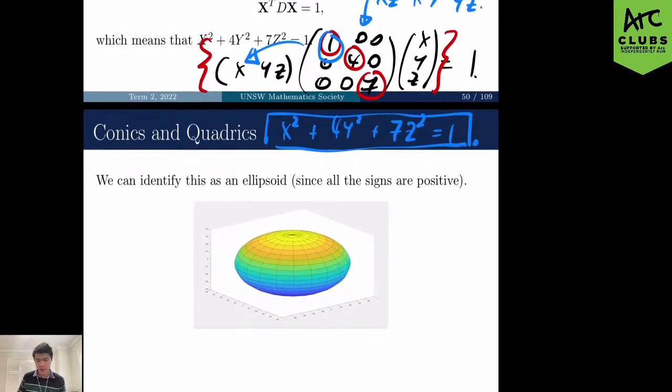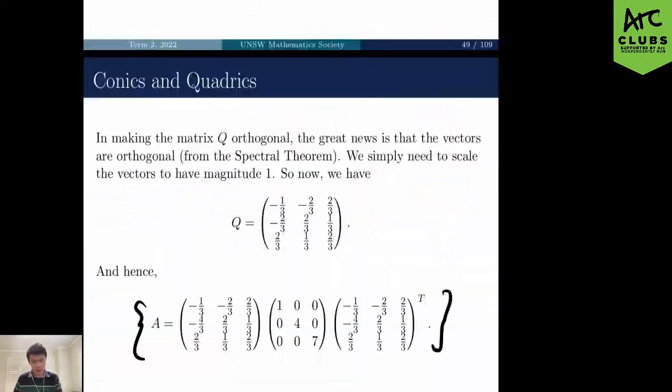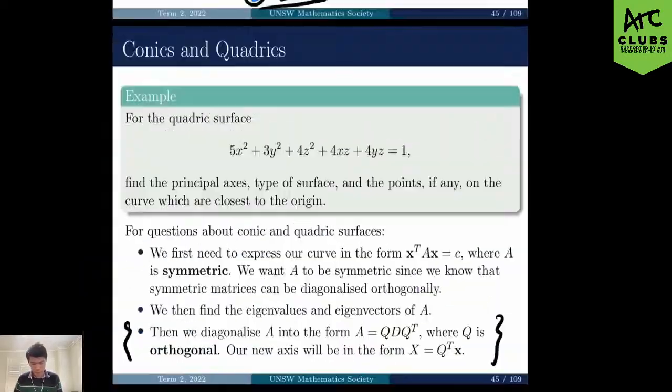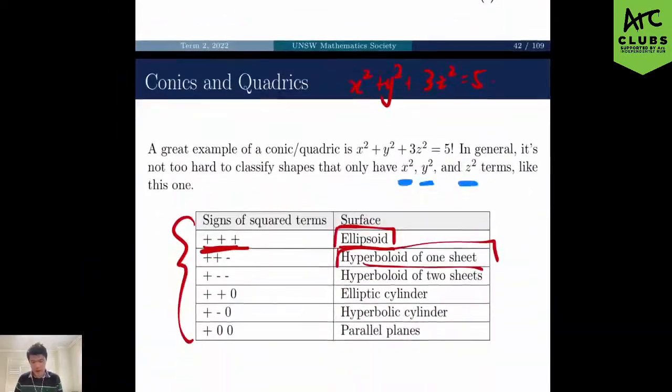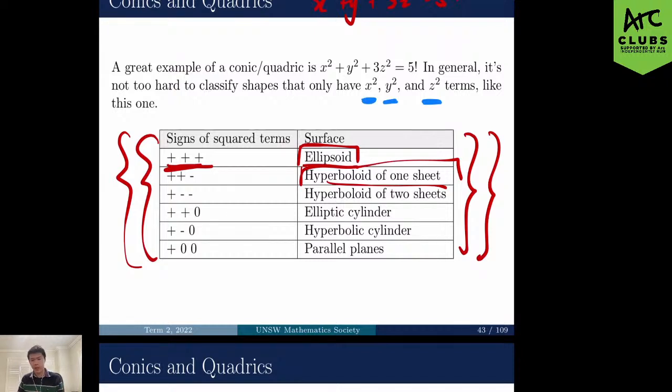And we can identify this as an ellipsoid because all the signs are positive. So recall that table from before, where we've got all these squared terms and all that. Because we have all these squared terms, we can work out just by comparing the coefficients. It can't be this one, it can't be that one.